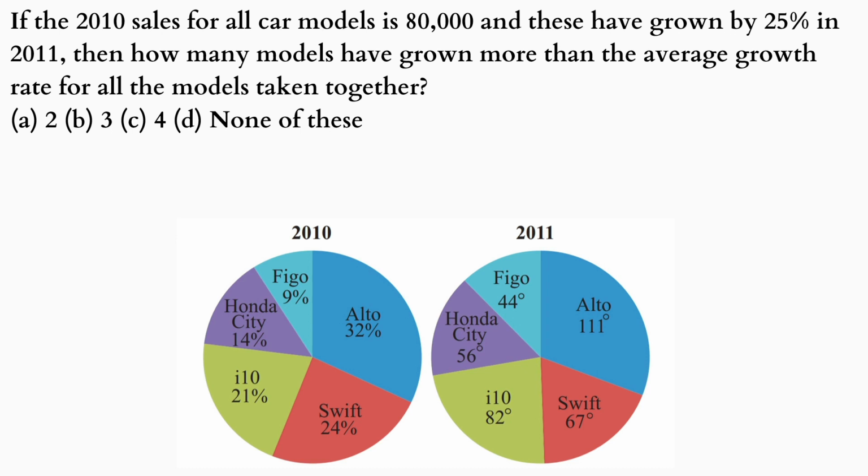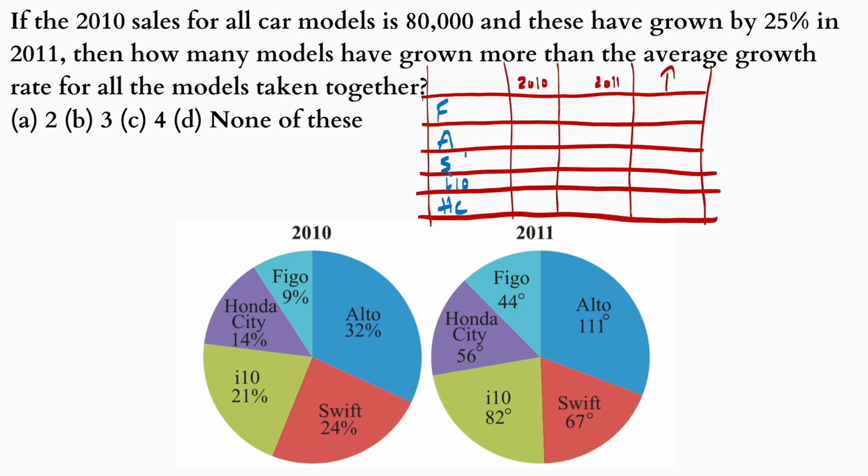Okay. So for Figo we have calculated. So we must calculate for the remaining as well. We have represented the brands with these letters, this alphabet. For 2010 the Figo percentage is 9%.